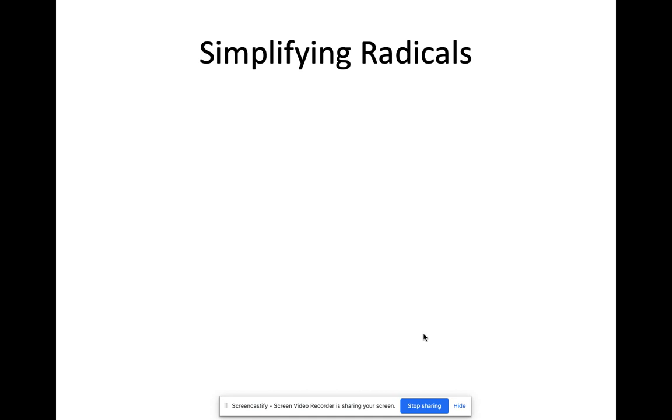Now, we're going to simplify radicals generally, okay? Using also factors. I'm going to teach you a simpler technique, and this technique is applicable to most simplifications, okay? You just have to listen carefully, okay?